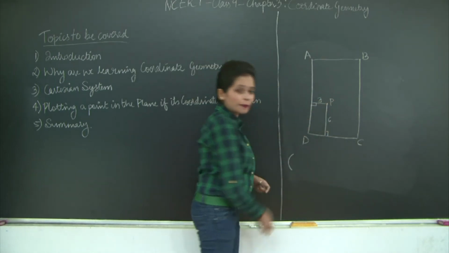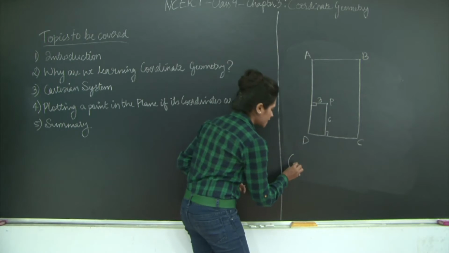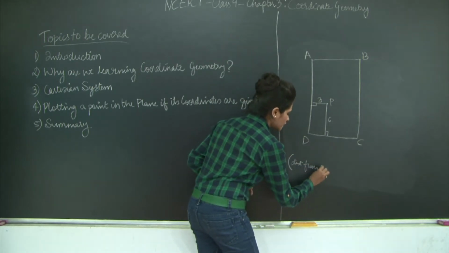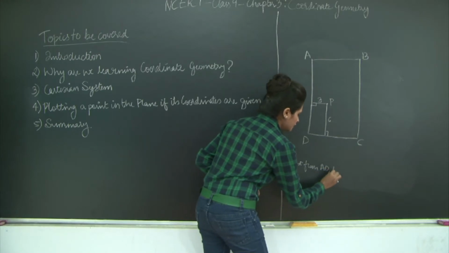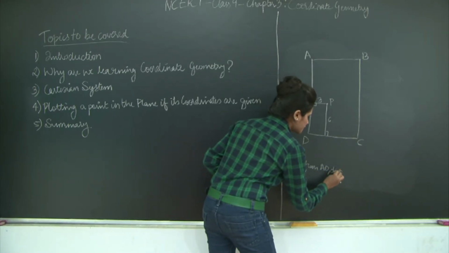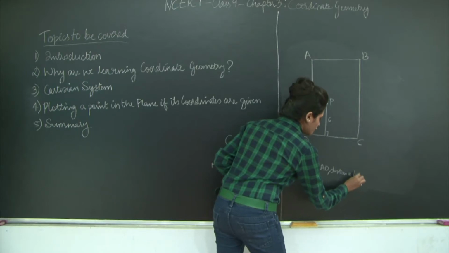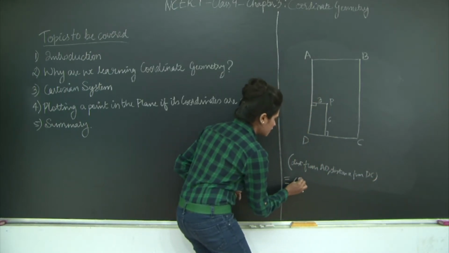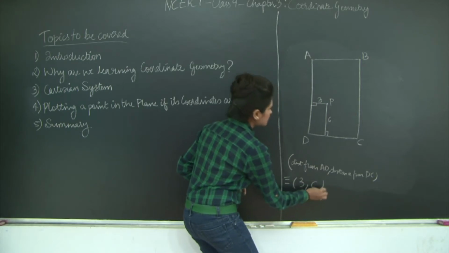So your parameters would be what? Distance from AD and distance from DC, which is nothing but 3 and 6.